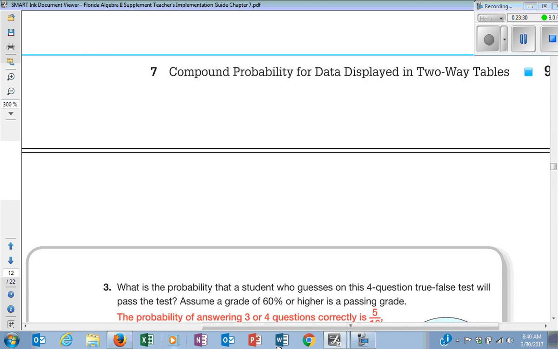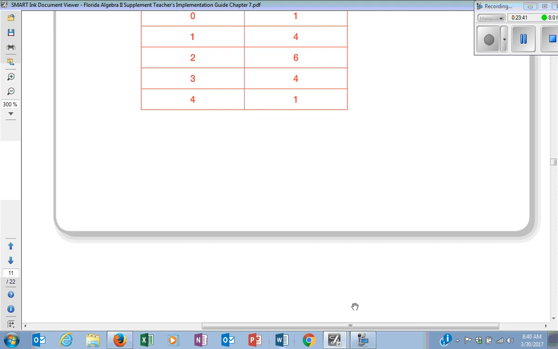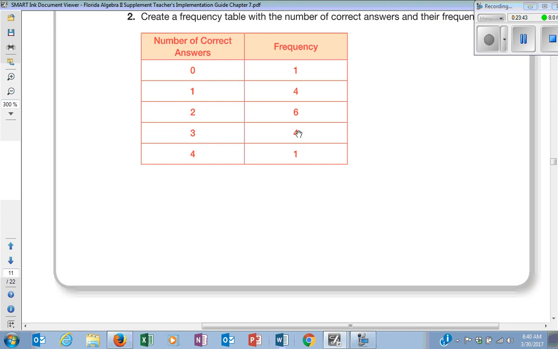All right. What is the probability that a student who guesses on all 4 questions will pass the test, assuming a grade of 60% or higher is a passing grade? How many would you get correct? What chance do you have of passing that test? 5 out of 10, 15, 16.